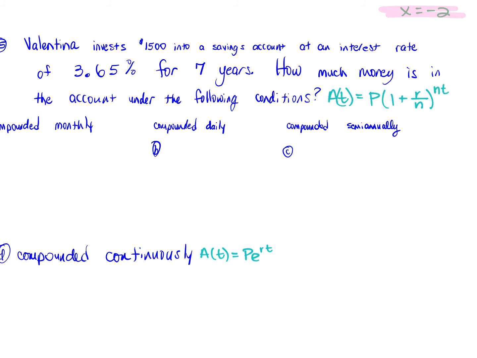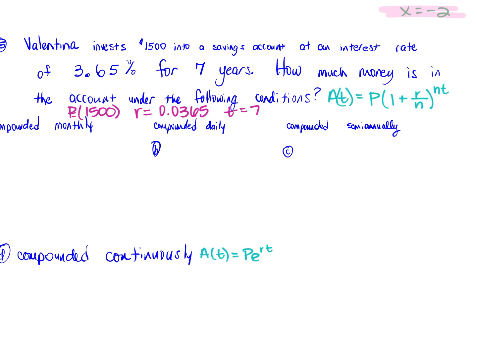Remember, your r is represented as a decimal, and your n is your compounded monthly, daily, semi-annual. So for all of these, your P is the 1,500, your r is going to be 0.0365, and your t is 7.